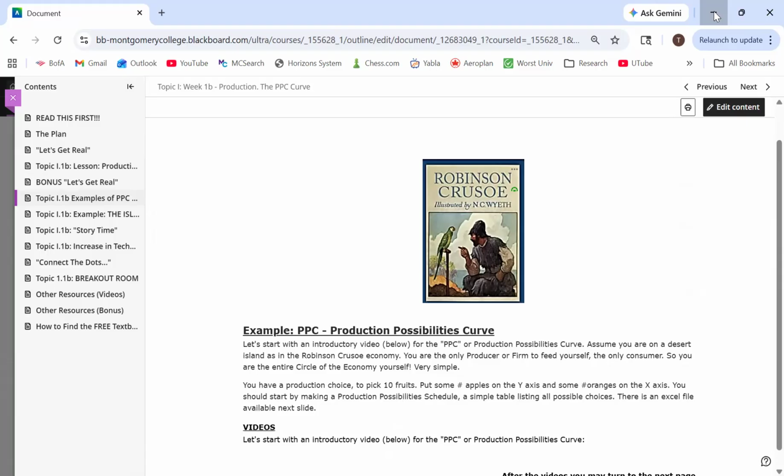And first, we have to make a production supply schedule, which a schedule is just basically a listing of what are the supplies that you're going to be able to make, and we're going to allocate those supplies between apples and oranges. So I'm going to give you a rule and say that you can only work 10 hours a day.